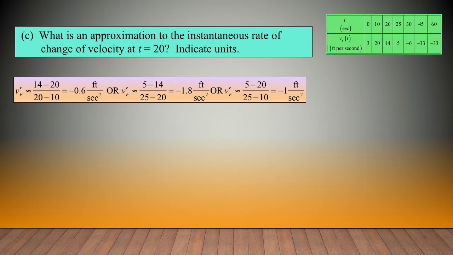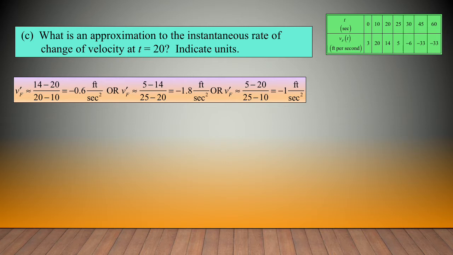V of 20 minus v of 10 over 20 minus 10, which is 14 minus 20 over 20 minus 10, which is equal to negative 0.6 feet per second squared. Or v of 25 minus v of 20 over 25 minus 20, which is 5 minus 14 over 25 minus 20, or negative 1.8 feet per second squared.